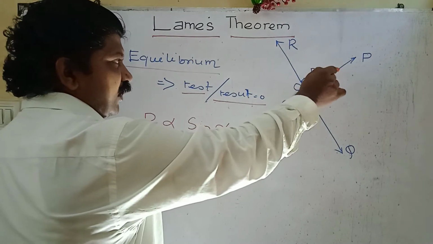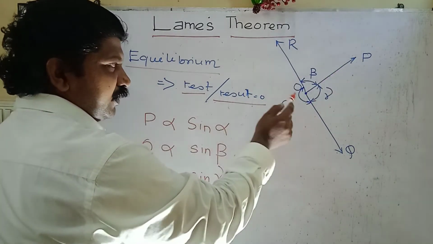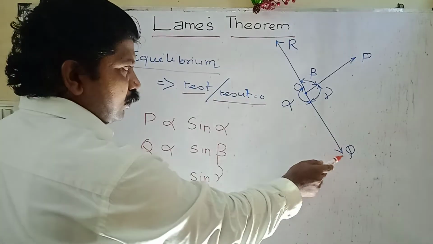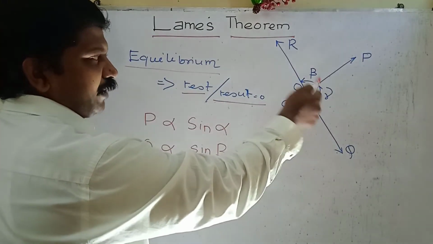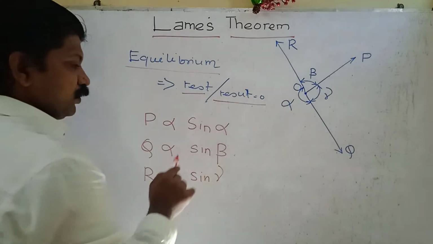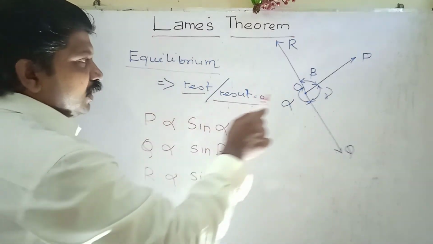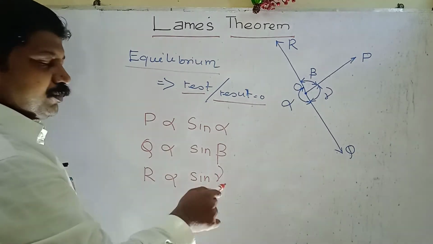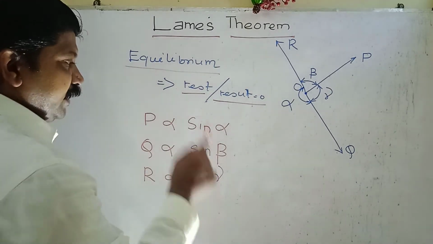So for force P, the angle between the other two forces is alpha, so P is directly proportional to sine alpha. For Q, the angle between the other two forces is beta, so Q is directly proportional to sine beta. For R, the angle between the other two forces is gamma, so R is directly proportional to sine gamma.